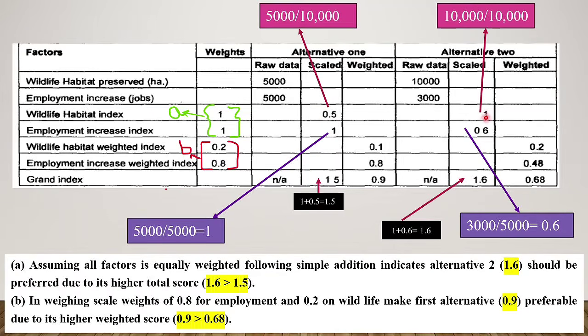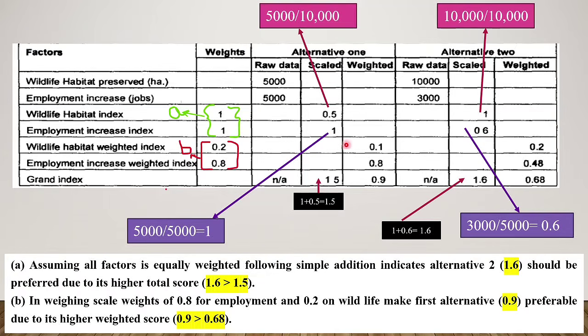Likewise 10,000 divided by 10,000 is 1. Then for employment increase also we will find out the scaled values. From both of these, this one is higher, so we will divide both these values by 5,000. So 5,000 divided by 5,000 will give 1 here. Likewise 3,000 divided by 5,000 will give 0.6 here.